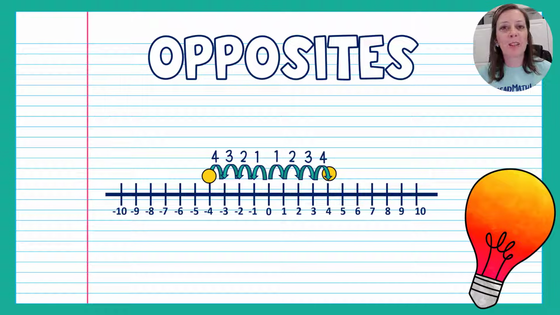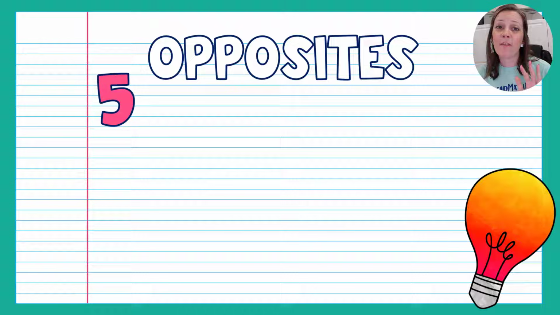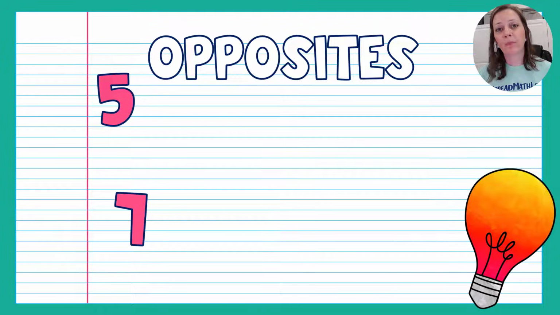Let's look at some more examples of this. What do you think the opposite of 5 is? Yeah, -5, because 5 would be 5 places to the right, and so the opposite of that is 5 places to the left, which would put you at -5. What about 7? Yes, the opposite of 7 is -7.